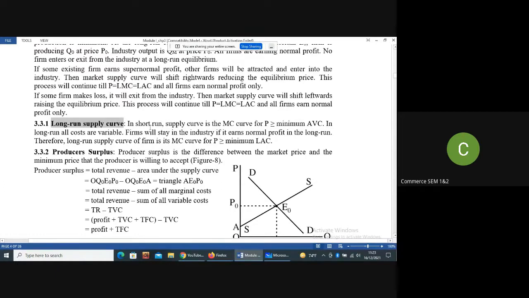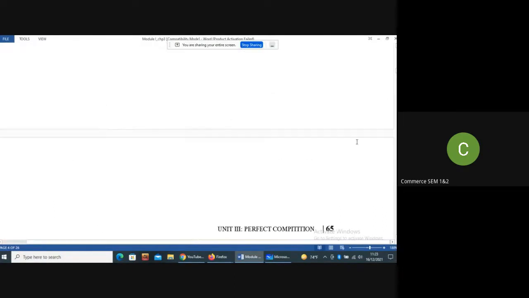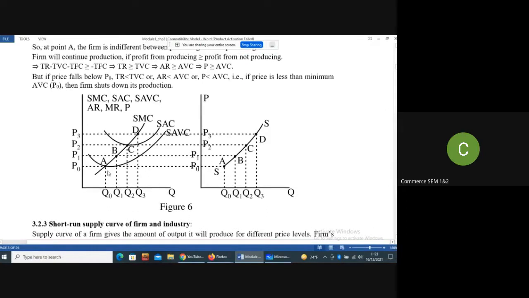Now come to the long run supply curve. Okay. So in case of the short run supply curve, we have seen the short run supply curve is this part of the marginal cost curve which is over and above the minimum of the AVC curve. If we go back, this part of the SMC curve, the short run marginal cost curve, is the part which is above the point A. Point A is the minimum of the short run average variable cost curve.